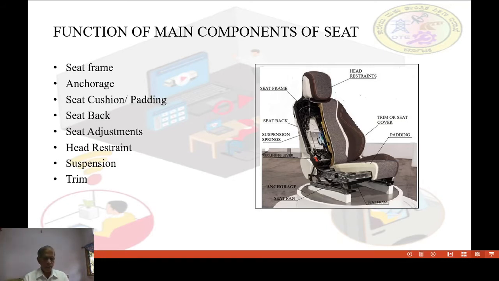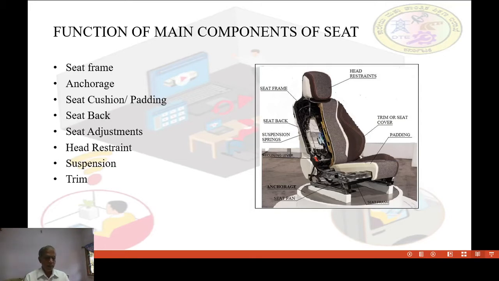There are four types of head restraint, namely integrated, detachable, separate and protective head restraints. Protective is the advanced version of head restraint.